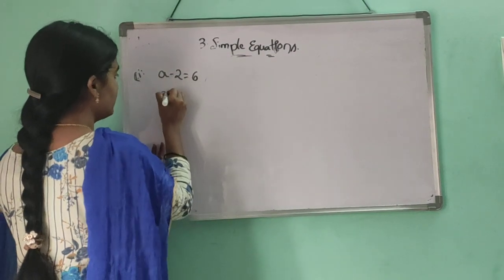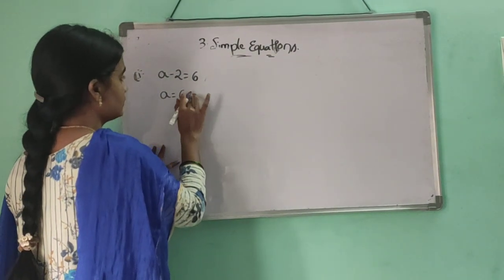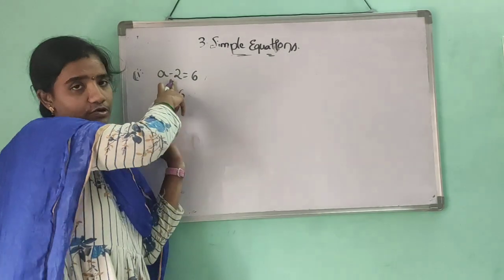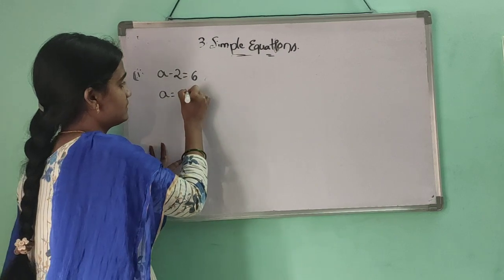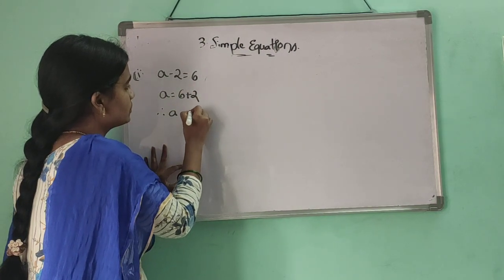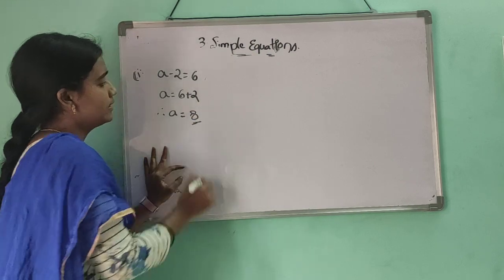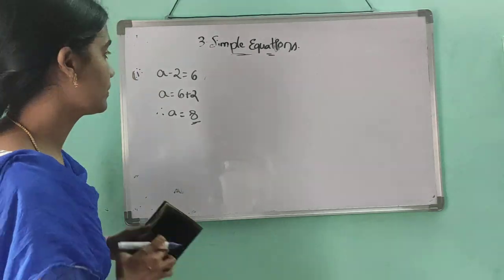In this, minus 2 is there. When moving to the left-hand side, minus becomes plus. So 6 plus 2, therefore A equal to 8. This is the simple process to solve this problem.